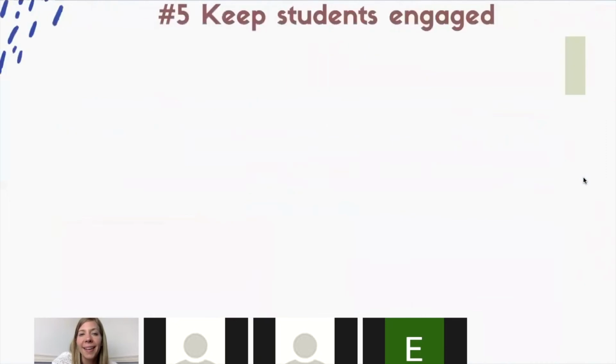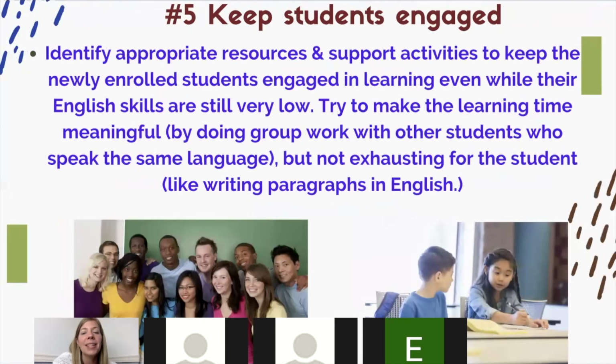And the last thing is to keep students engaged. So going back, we want to know when they need a break, when they're just stressed out, when they just had a bad day, and we need to give that to them. But like I was saying, these students are so resilient. They are tenacious.